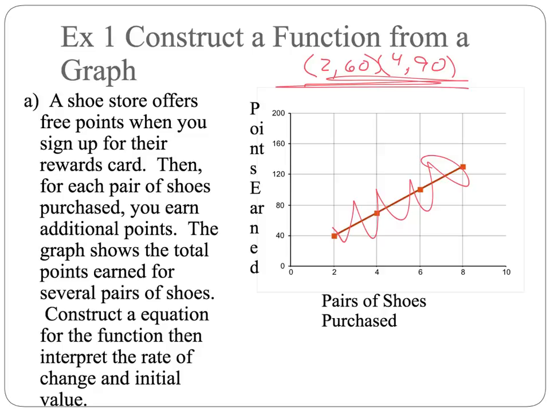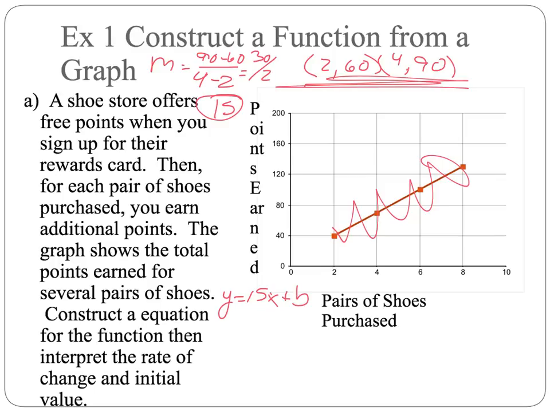Find your slope, find b, just like we've been doing. My slope is 90 minus 60 over 4 minus 2. My slope will reduce down to 30 over 2, which is 15. So y equals 15x plus b.